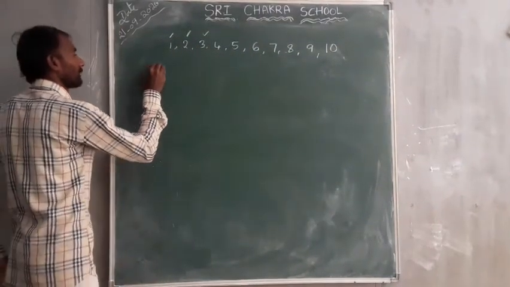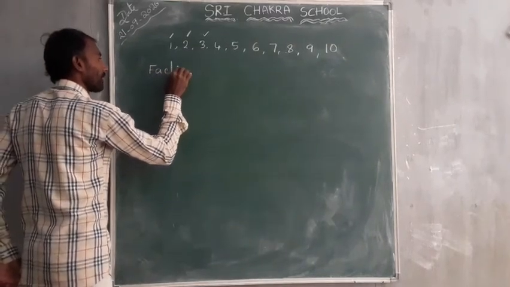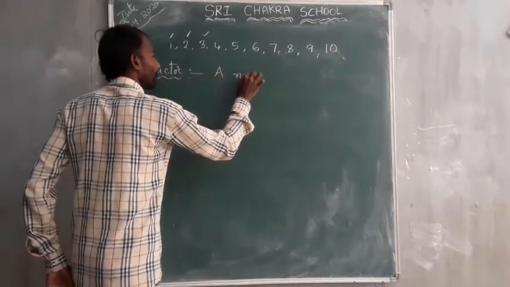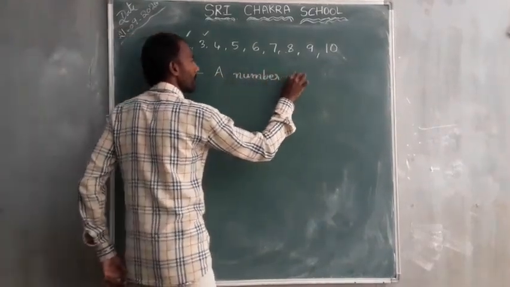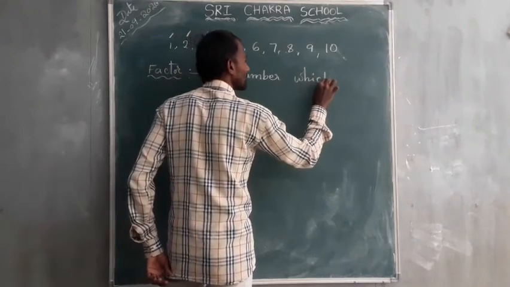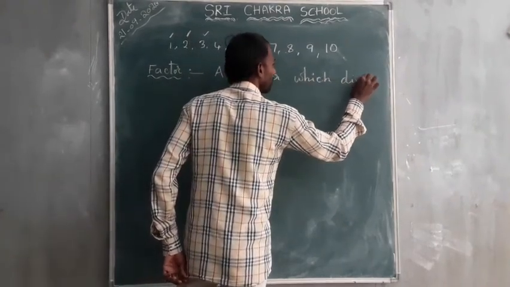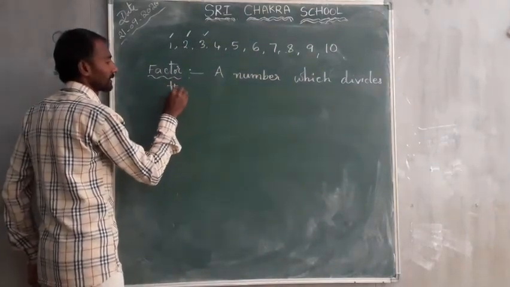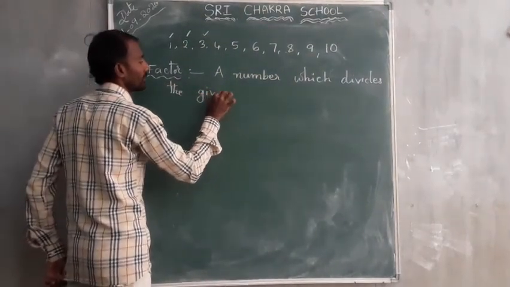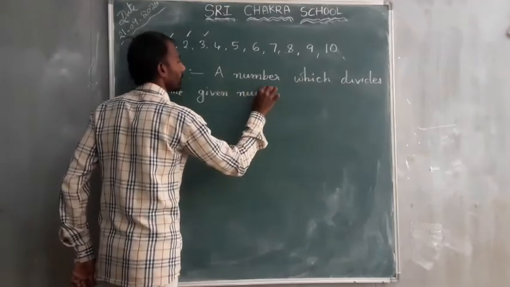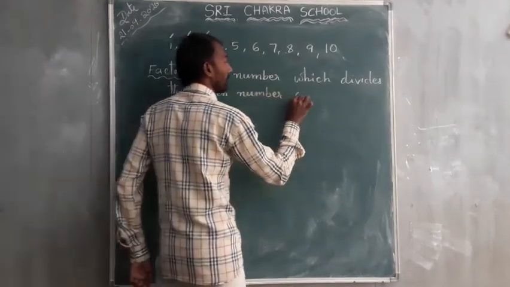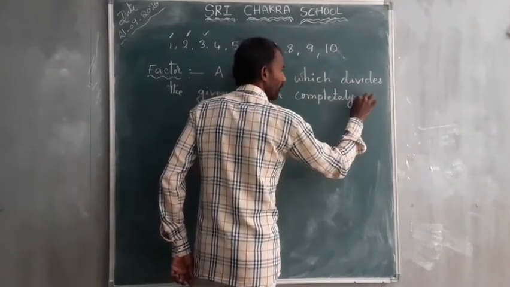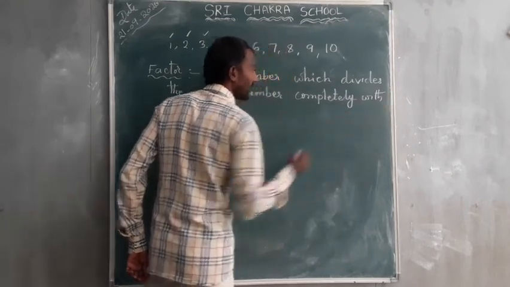Understood? So now let us know the definition of factor. So factor means a number which divides the given number completely with the zero remainder.